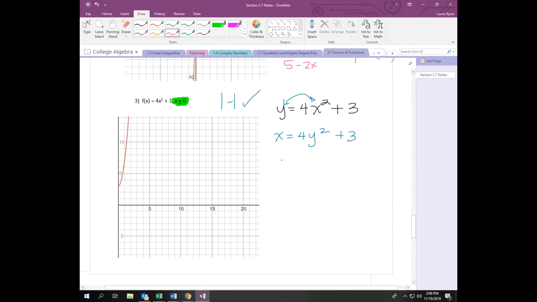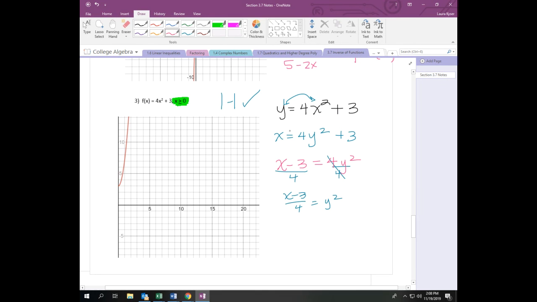I begin by subtracting the 3 over, so I have x minus 3 equals 4y squared. I will divide both sides by 4 to isolate the y squared. So x minus 3 over 4 equals y squared.